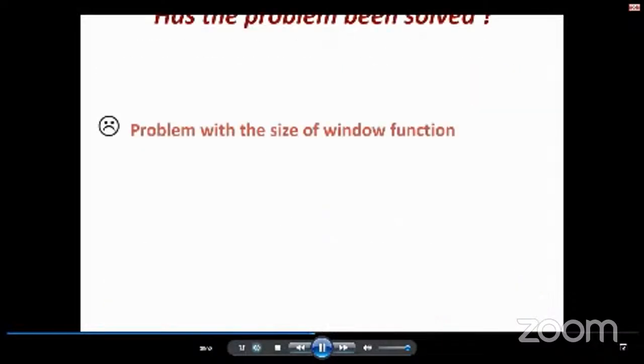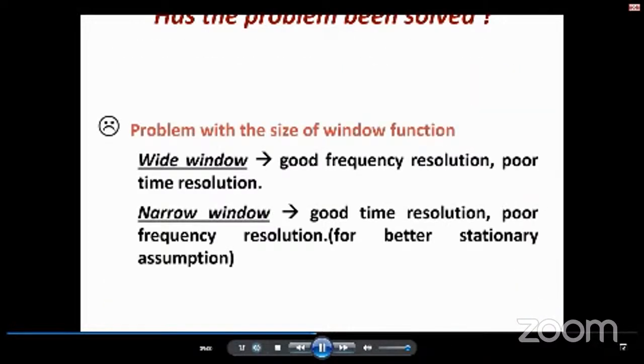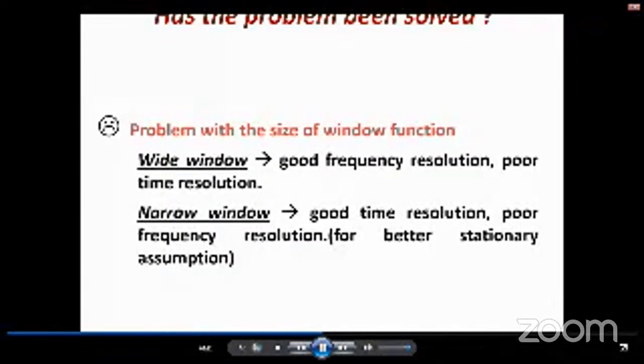So short-term Fourier transform is good for the analysis of non-stationary signals, but there is a problem because the window width taken to analyze the signal is fixed. So if it is a wide window, there will be good frequency resolution but poor time resolution, and if it's a narrow window, it will be vice versa.